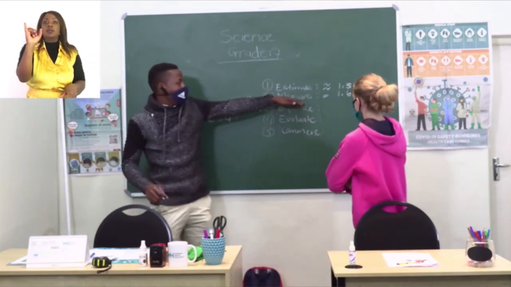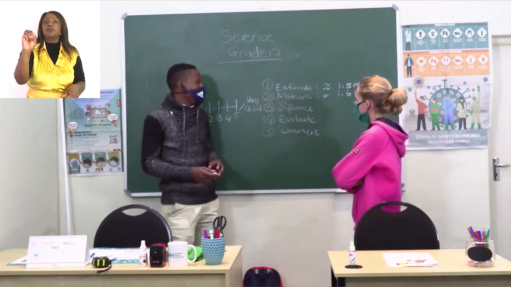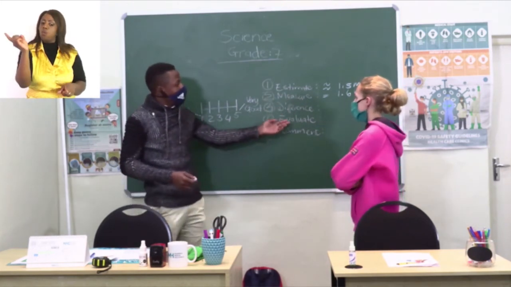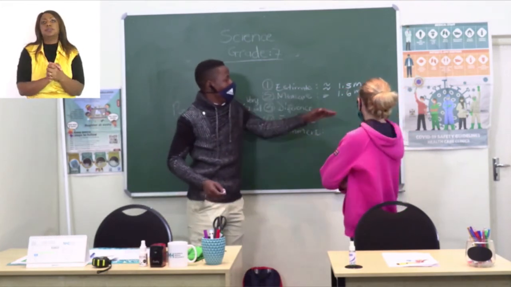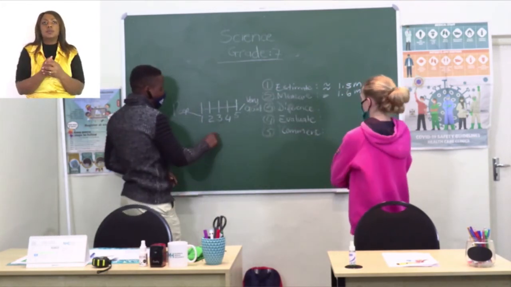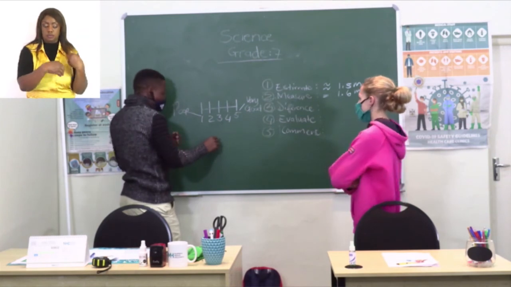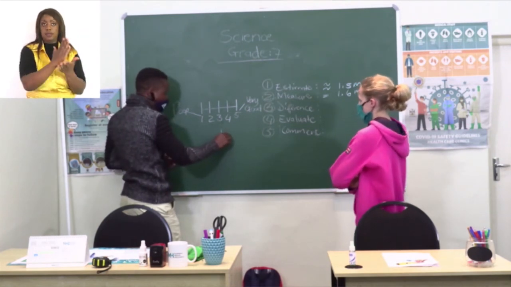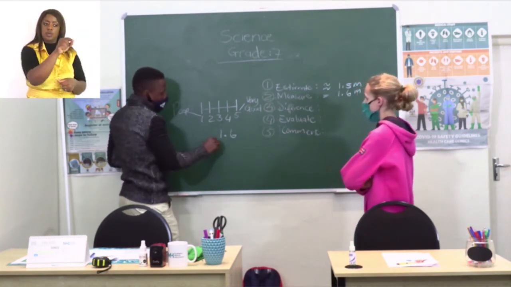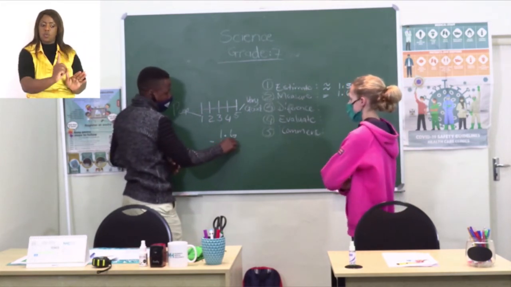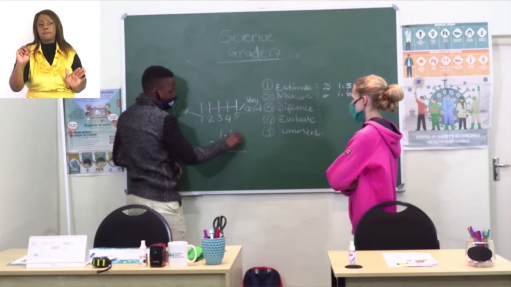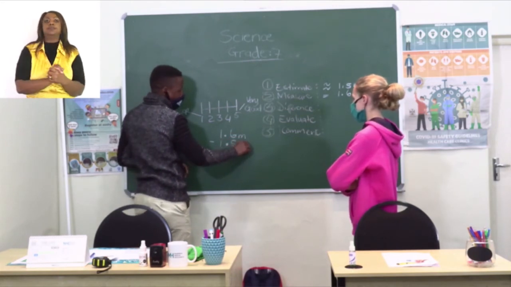And then I've done the estimate and the measurement, so I need to go for the difference. The difference is for me to find between these two values, and I'll start with the bigger one, which is 1.6 meter. Then you get it by subtracting 1.5 meters. Remember, these are meters.